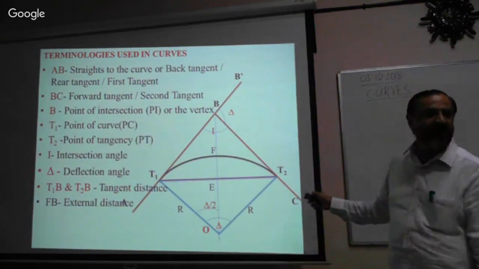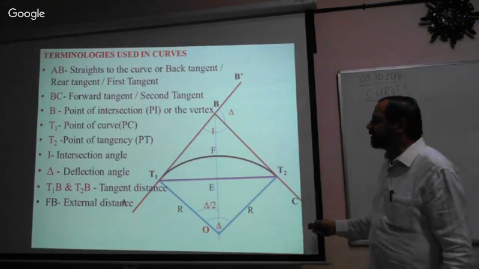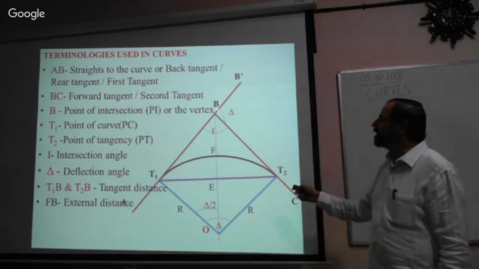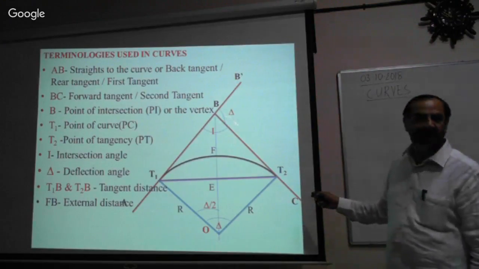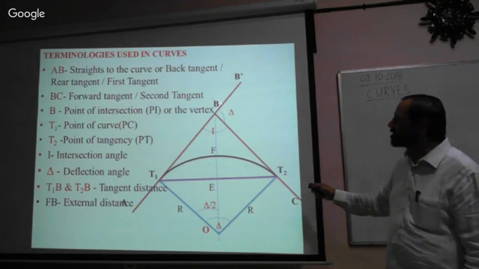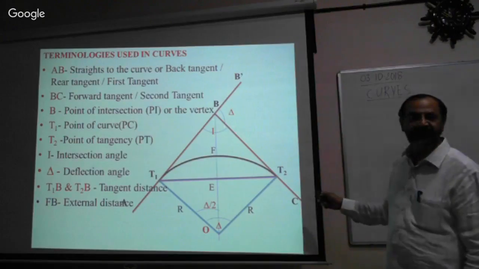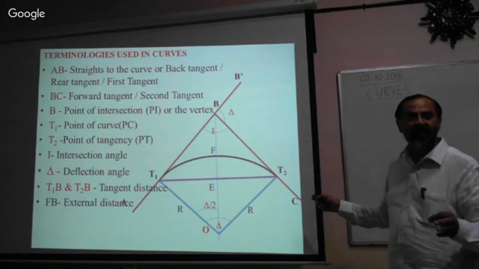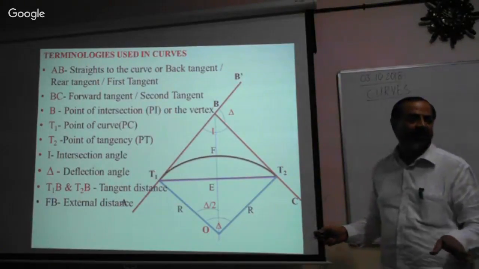That angle is called the deflection angle, isn't it? AB is the straight line, and where we need to change the direction, this is the amount. Delta is the angle by which we are changing the direction, AB and BC. These are the terms used when we speak about the curve. One should know about it, isn't it?